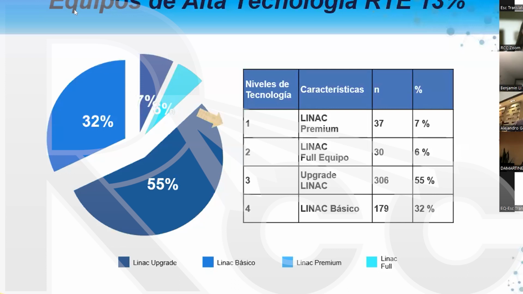The most concerning part is that right now, around 13% of the installed capacity in our region is level 1 and level 2 machines.